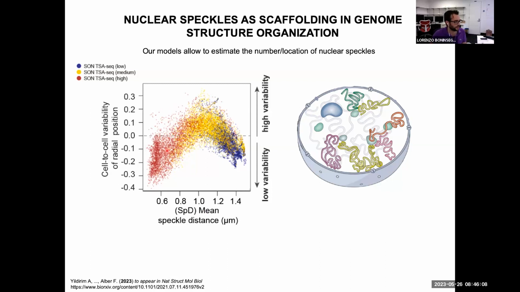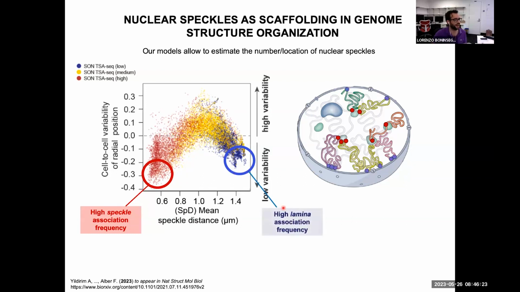And interestingly enough, you see that these two regions over here, the red region and the blue region, represent respectively loci with high speckle association frequency and loci with high lamina association frequency. So those loci display very low variability, which indicates their positioning within the nucleus is pretty homogeneous.